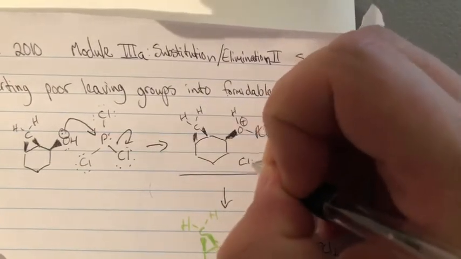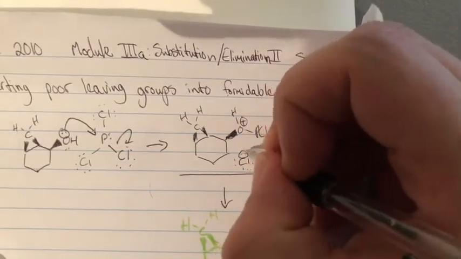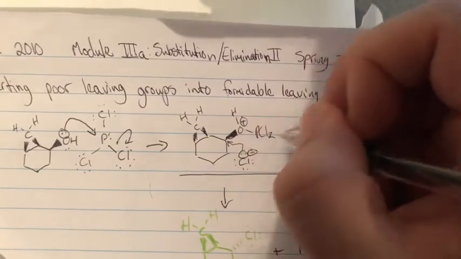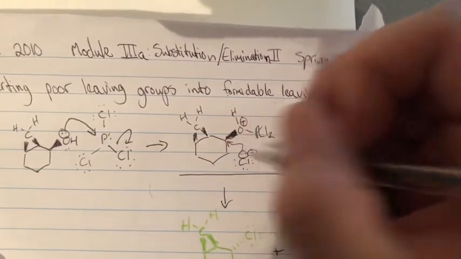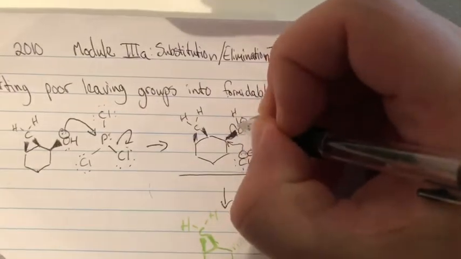So chloro with its full octet, it's going to attack at that carbon opposite, right? So going in from behind the page into that carbon and removing this good leaving group.